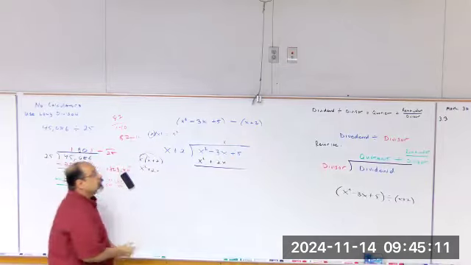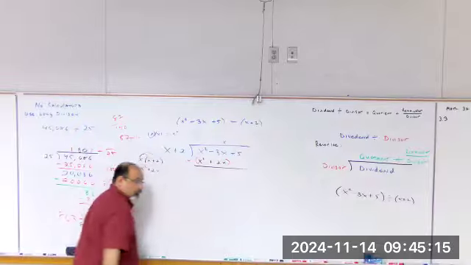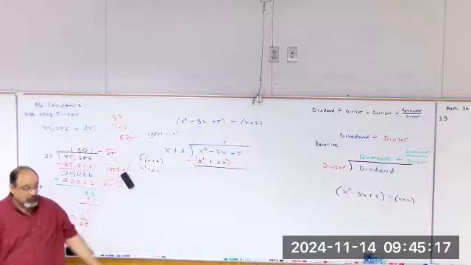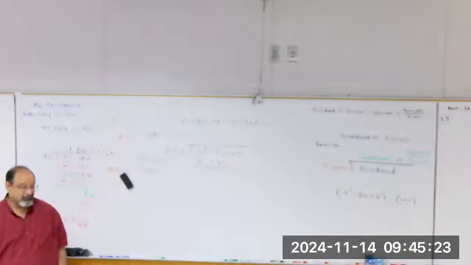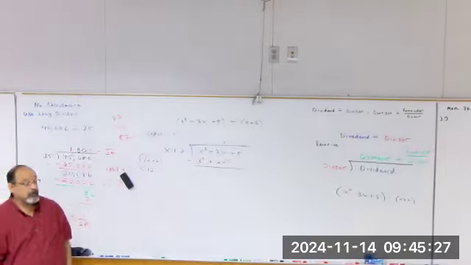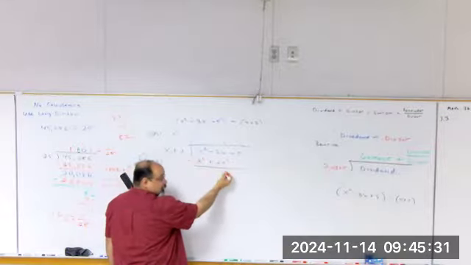Now, you would have to do this. Minus the whole thing. You know how hard I work trying to get you guys to put parentheses around anything? You know what's gonna happen when you put parentheses? You would distribute the negative, right?